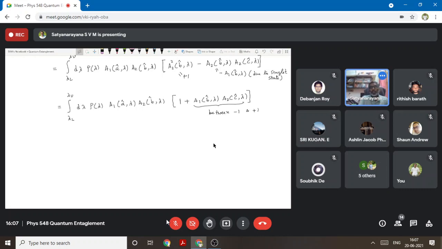If both are minus, one is +1 and the other is -1, it is -1. Otherwise, it is either +1 or -1. So if it is -1, this will be 0, and for any other combination this is actually greater. So in effect, this whole thing is greater than 0. It is 1 plus something, so this is always greater than 0. This is positive.